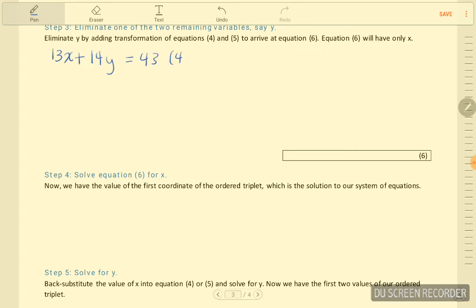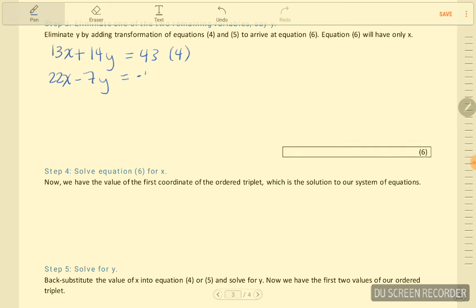Right, that was equation 4. 22x minus 7y equals -44 rather. And I'm going to eliminate y this time. So I'm going to multiply just the bottom equation by +2.